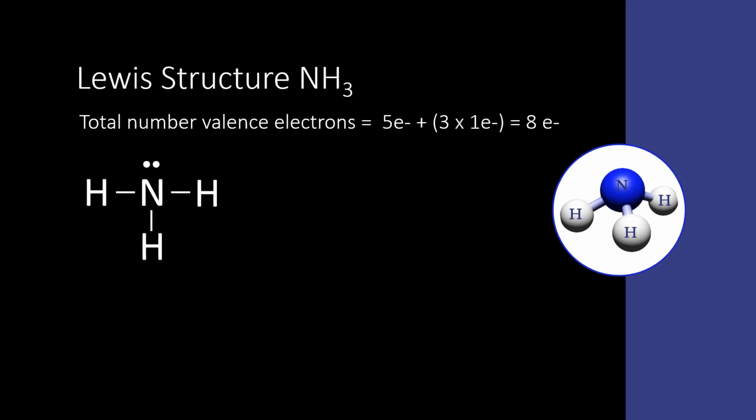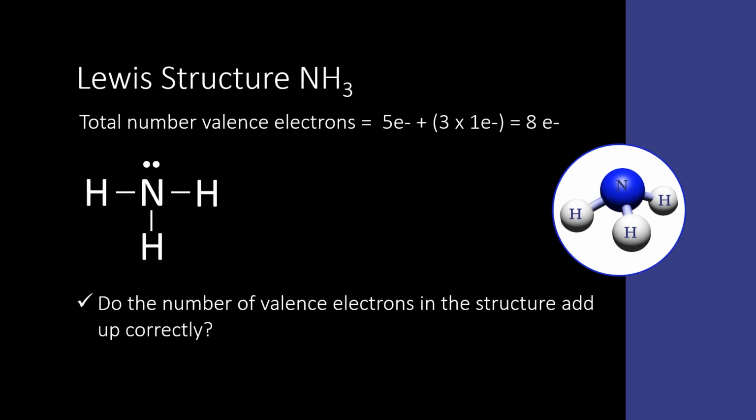Next, we want to look at whether we have an octet around nitrogen. 2, 4, 6, 8. Yes, we do. So it looks like we're in very good shape for ammonia. Whenever you're developing a Lewis structure, you want to ask yourself, do the number of valence electrons in the structure you have developed add up correctly? And is the octet rule obeyed where applicable, in this case for nitrogen, but not for hydrogen?